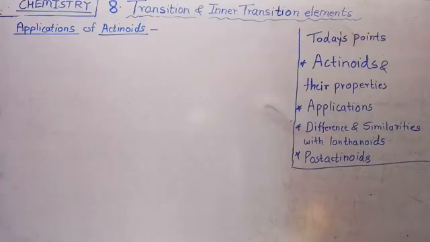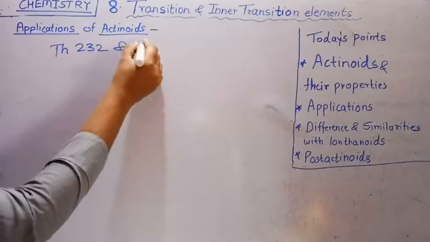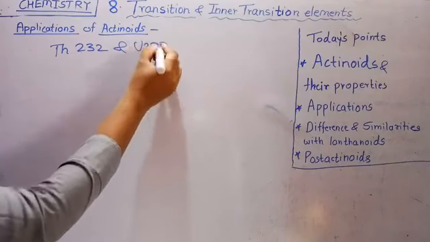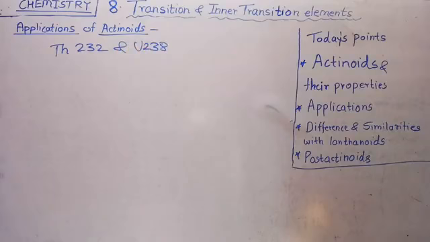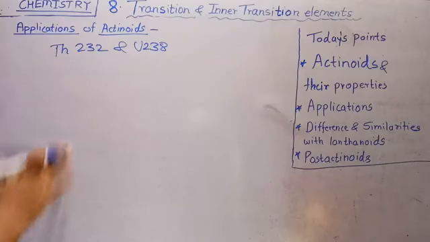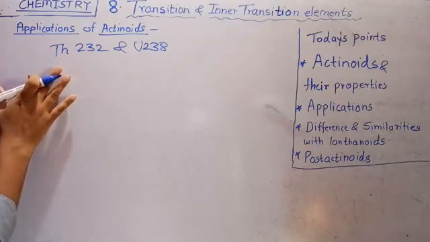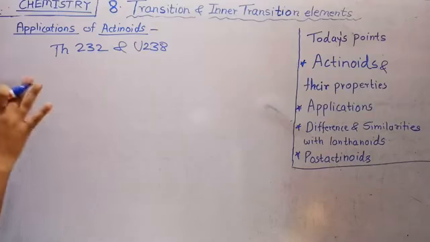There are some applications of actinoids. In the last lecture, I already told you about the isotopes thorium 232 and uranium 238. Their half-life periods are so long that we get very negligible radiation from these elements. So we find them in everyday use, like television color tubes.